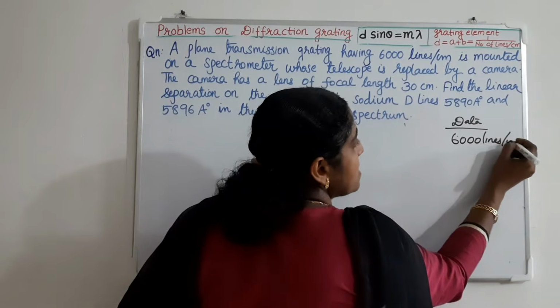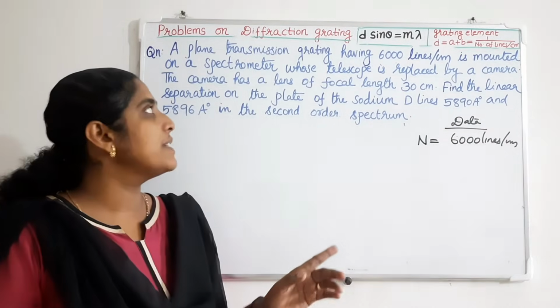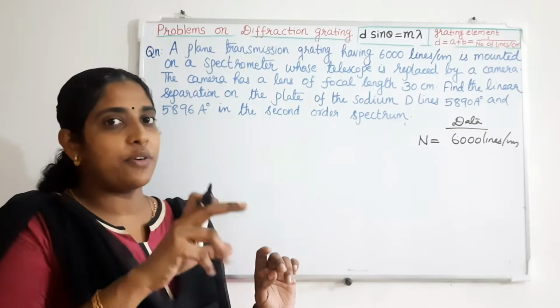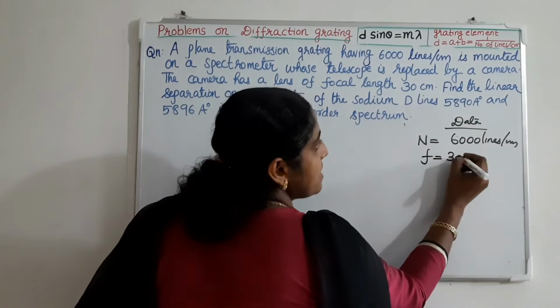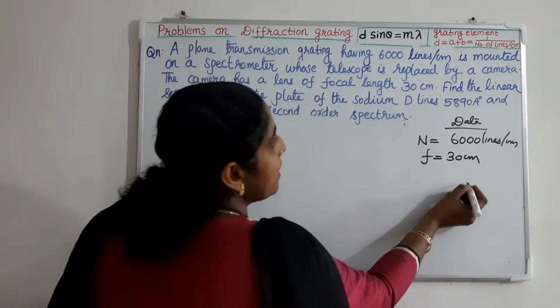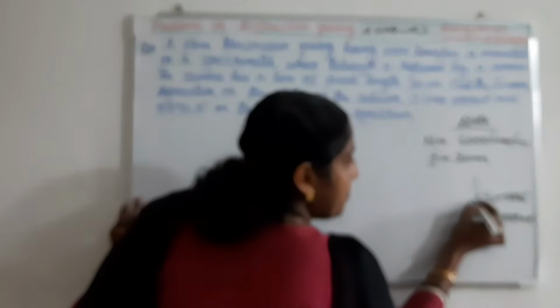A grating having 6000 lines per centimeter, so the number of lines per centimeter is 6000. It is mounted on a spectrometer, and the telescope of that spectrometer is replaced by one camera. That camera has a focal length of 30 centimeter. On the plate we are getting a diffraction pattern, and the lines corresponding to 5890 Armstrong and 5896 Armstrong have a separation here.